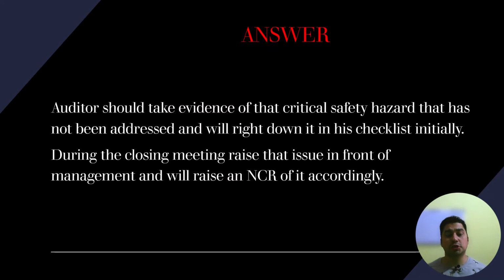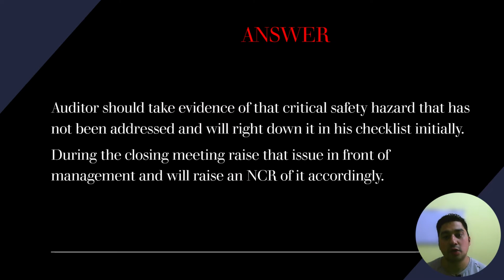Answer: as an auditor, you should take evidence of that critical safety hazard. First of all, you have to get the evidence of the hazard that has not been addressed in the company's occupational health and safety management system, and write that down also. During the closing meeting, you can raise that issue with the company management and raise an NCR accordingly.